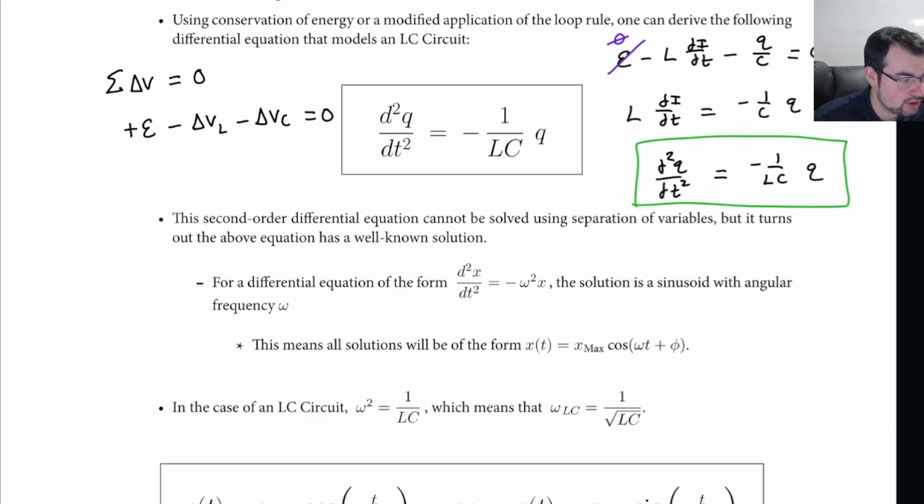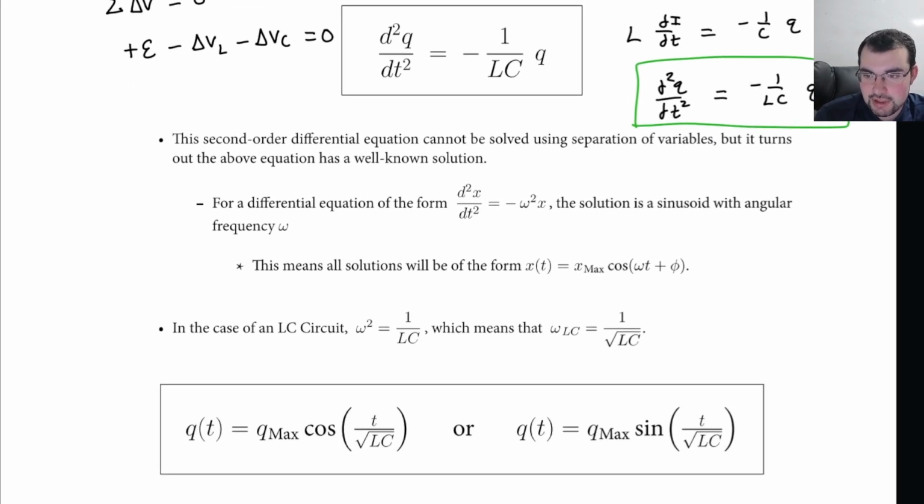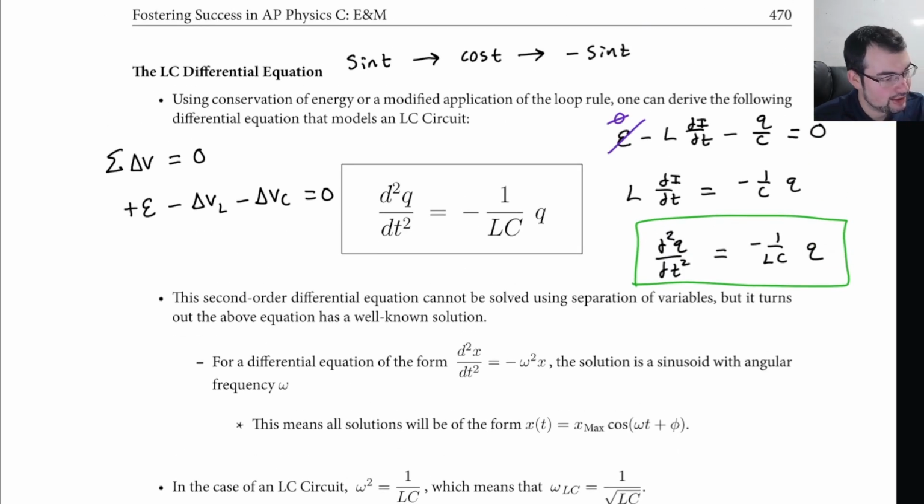Now, if you remember simple harmonic motion and studied that in a mechanics course, this is that same omega that tells you the oscillation angular frequency, but we're not assuming you've encountered that before, and we're trying to motivate it by saying two derivatives is proportional to itself times a negative. It's got to be a trig function.